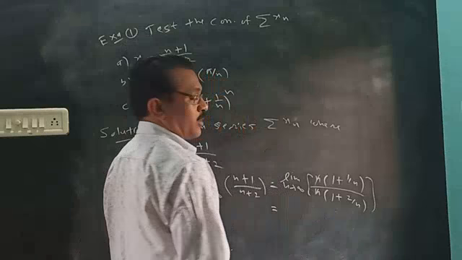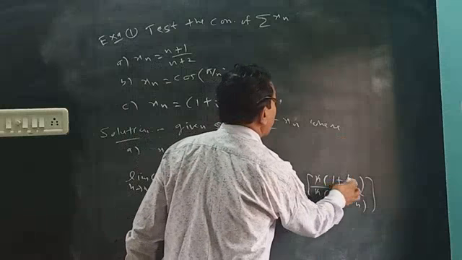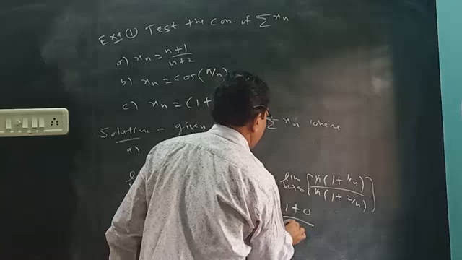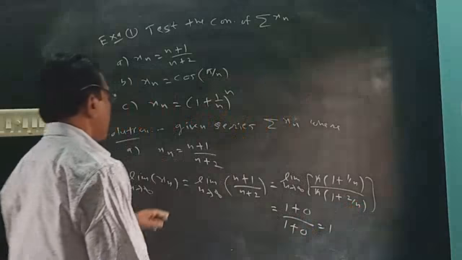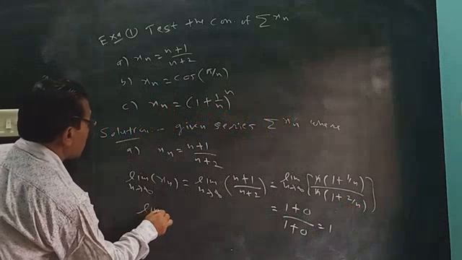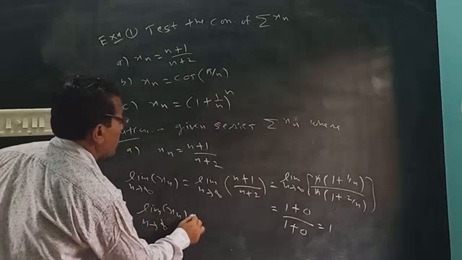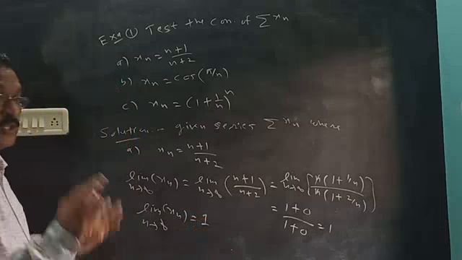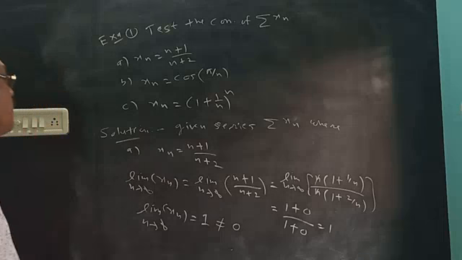Now put the limit, n tends to infinity. 1 stays the same, 1 by infinity is 0, so 1. 2 by infinity is also 0, so 1. So the limit of xn will be 1, not 0. We need a 0 limit. The limit of xn must be 0, but we get 1, not equal to 0.